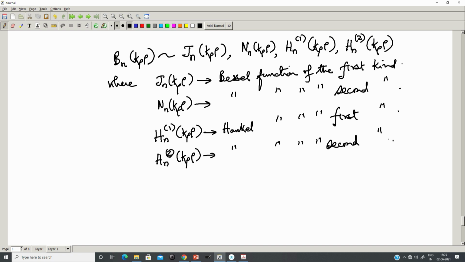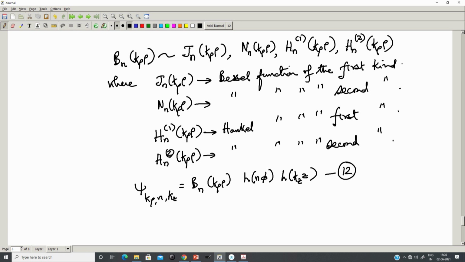So, according to equation 2, where we wrote psi as a combination of three distinct functions of rho, phi and z, we can now write the same solution in this form, which is psi k rho n k z equal to B n k rho rho h n phi h k z z, which we call equation number 12.